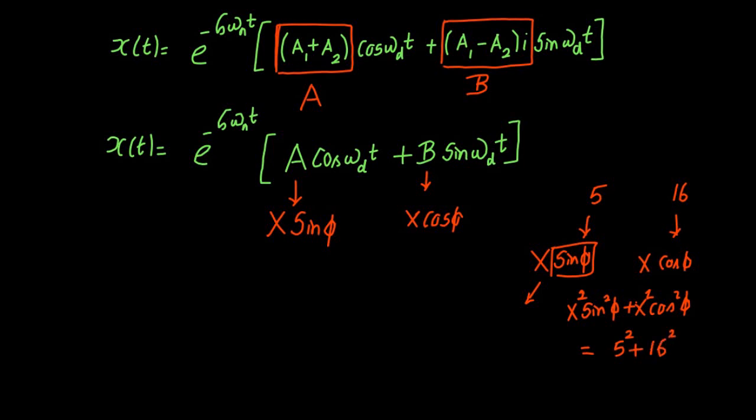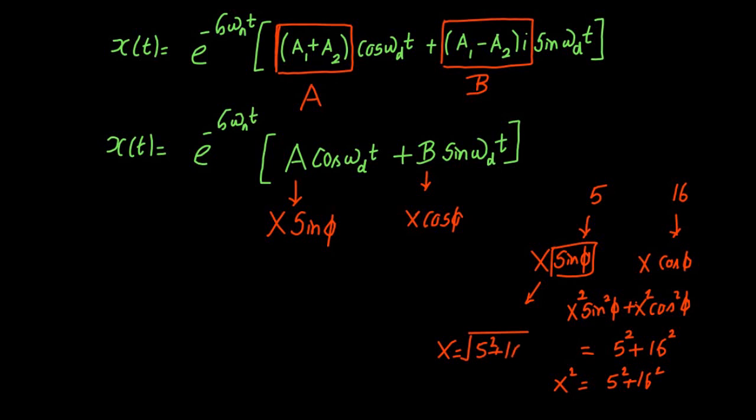And if you pull x squared common outside, you will be getting sine squared plus cos squared phi, that is equal to 1. So x squared is equal to 5 squared plus 16 squared. Now all you have to do is find the value of x, and the value of x is square root of 5 squared plus 16 squared.